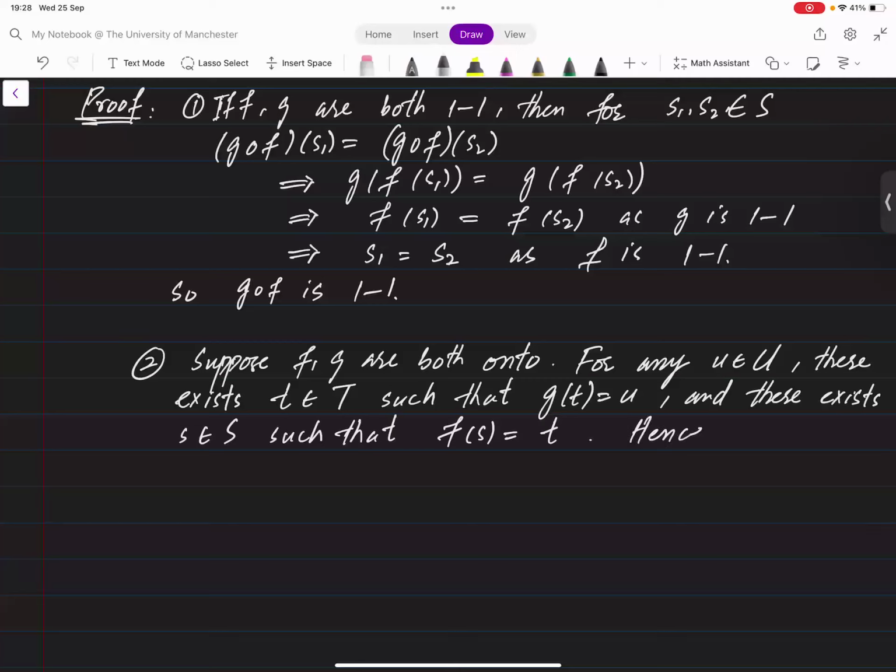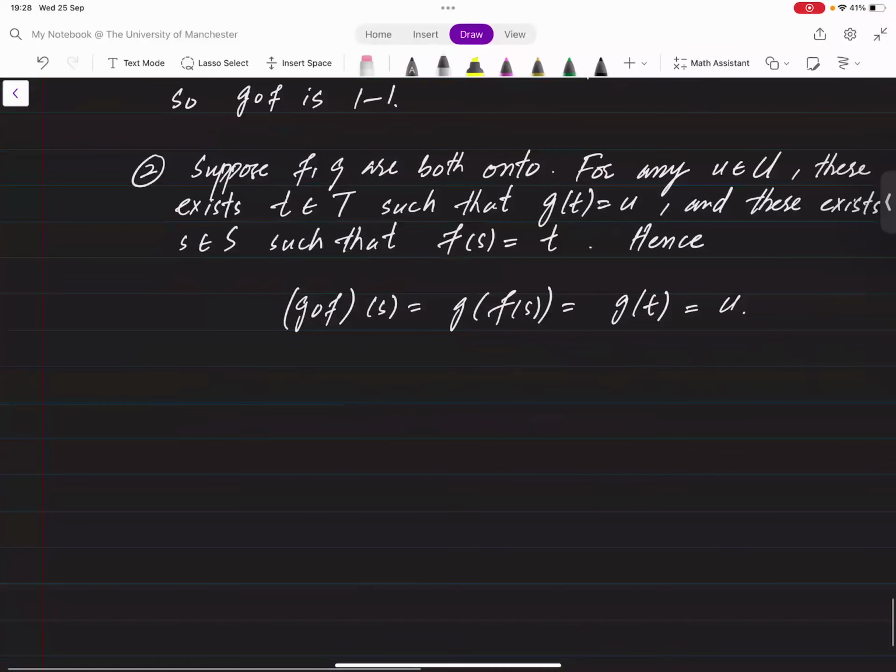So hence g compose f of s is g of f of s, which is nothing but g of t, which is nothing but u, showing that g compose f is onto.